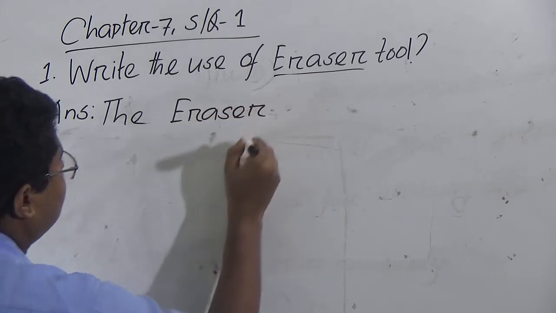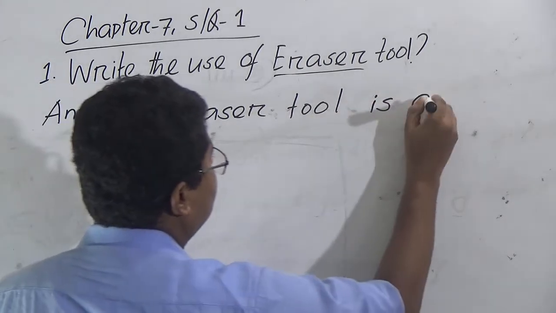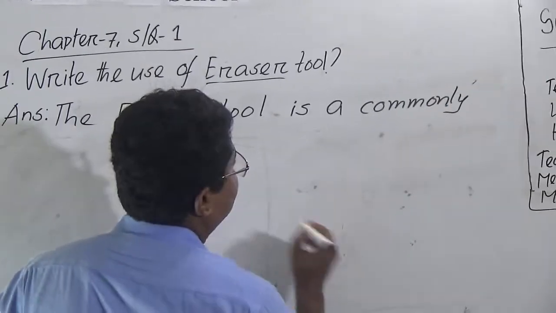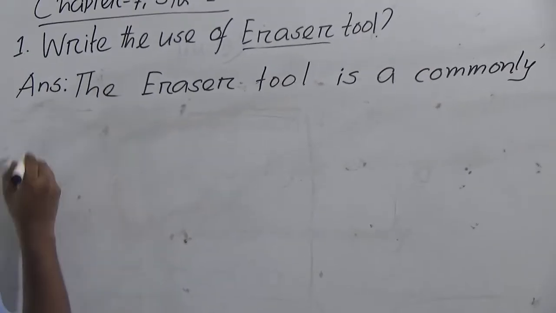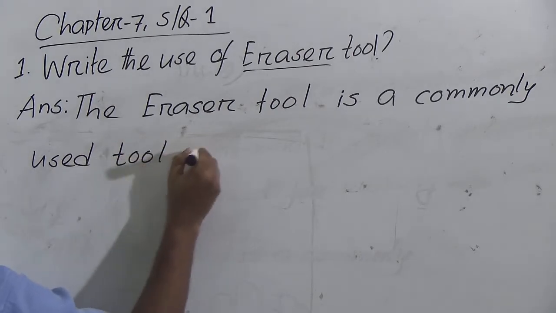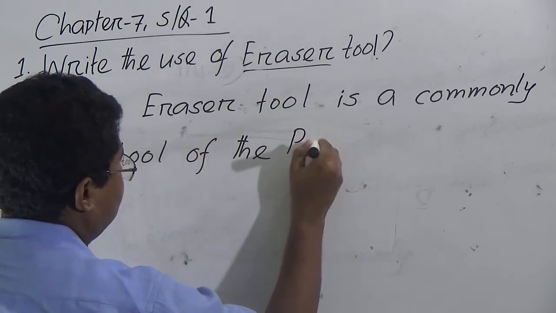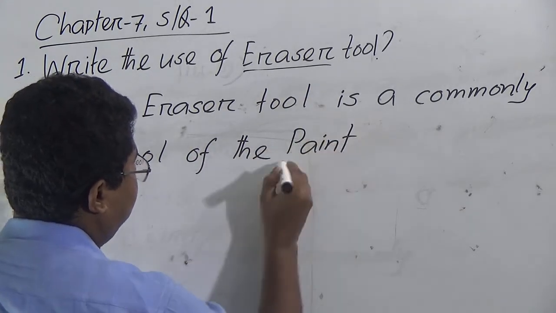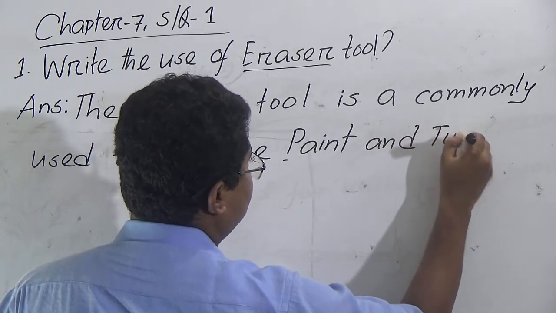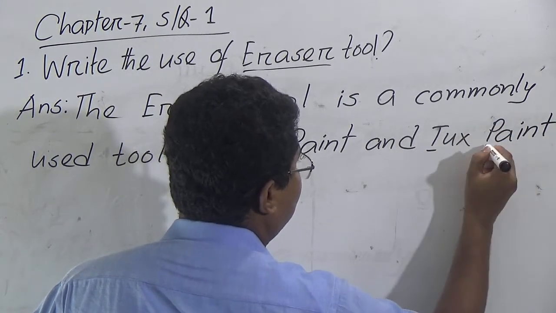The eraser tool is a commonly used tool of the Paint, P will be capital, and Task Paint program, T capital, P capital.